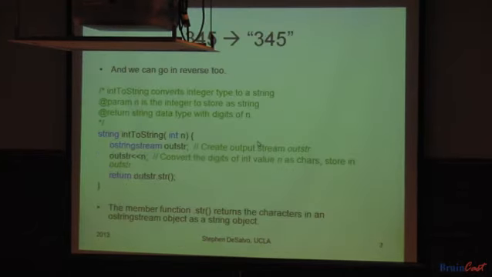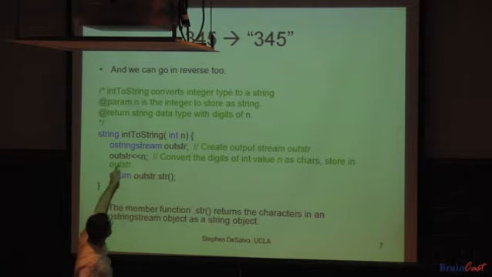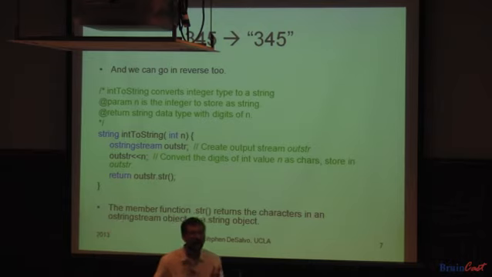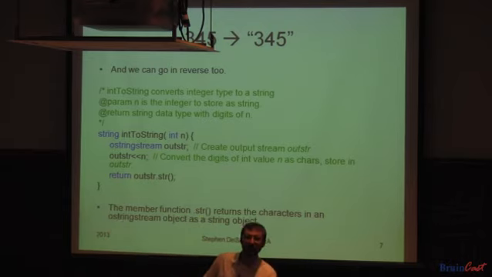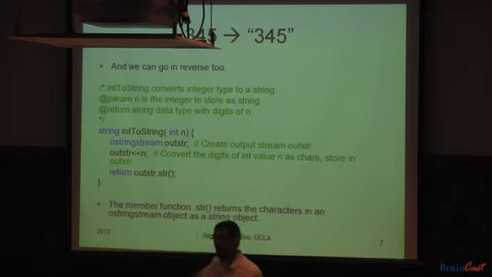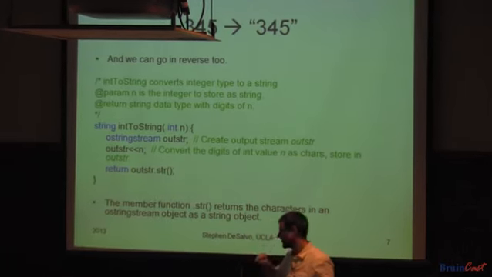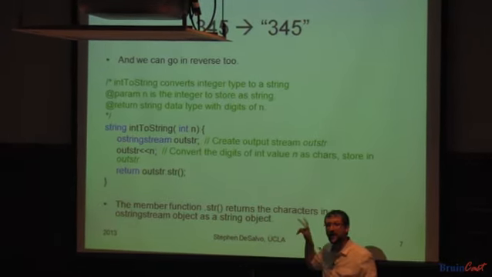So let's end on this idea of, okay, just like you can do an iString stream to mimic cin, you can also do an OString stream to convert from an int to a string of digits. Okay, so if you want to convert a numerical value into a string consisting of all the digits, that's what the OString stream does.